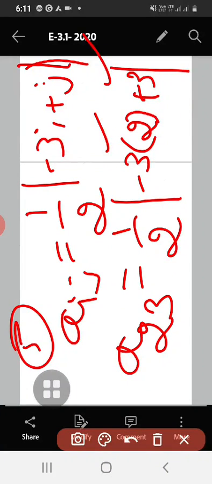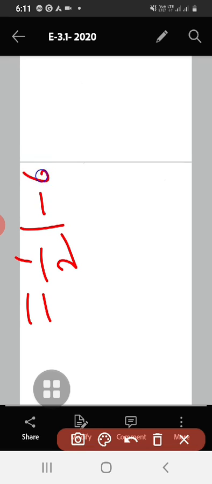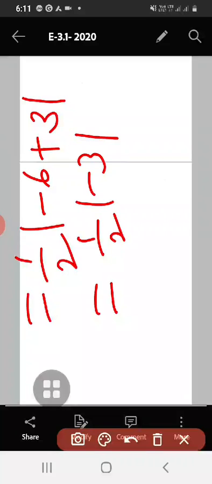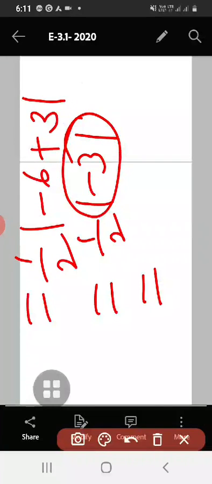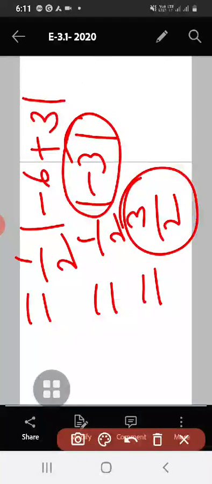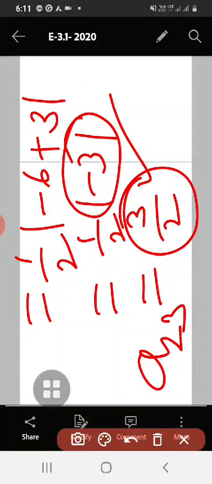Simplify this: minus 6 plus 3, half into mod of minus 6 plus 3, so half into mod of minus 3. Mod of minus 3 is 3 only, so that will be 3 by 2. So this is the second row and third element, a23 is 3 by 2.